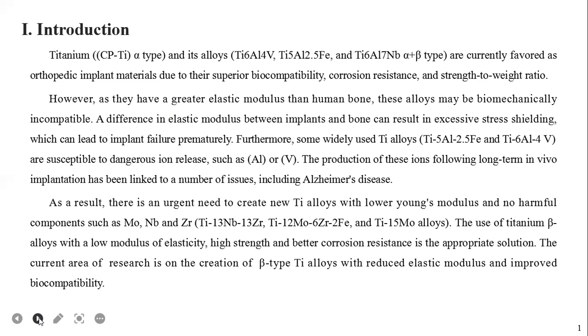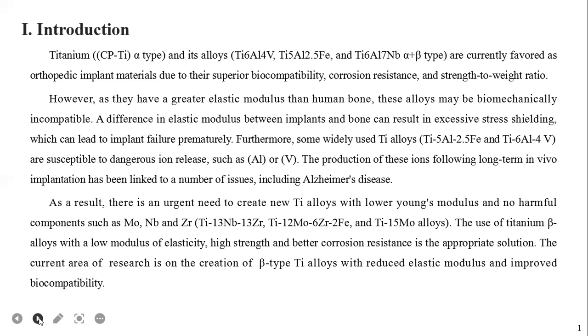failure prematurely. Furthermore, some widely used titanium alloys are susceptible to dangerous ion release, such as aluminium or vanadium. The production of these ions following long-term in vivo implantation has been linked to a number of issues, including Alzheimer's disease.